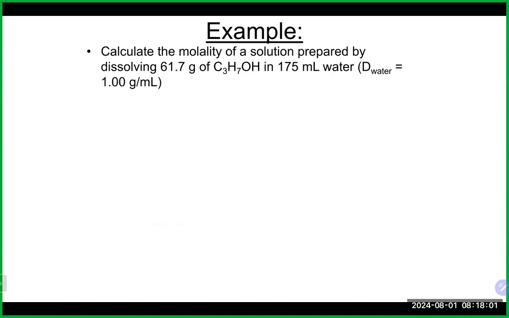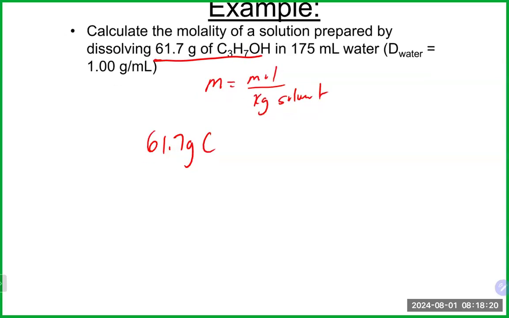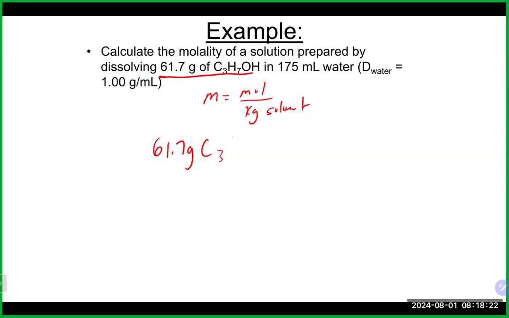So we approach it a similar way here. If we wanted to calculate the molality, we want the moles per kilogram of solvent. And we have the grams of our solute here, which is our 61.7 grams of C3H7OH.